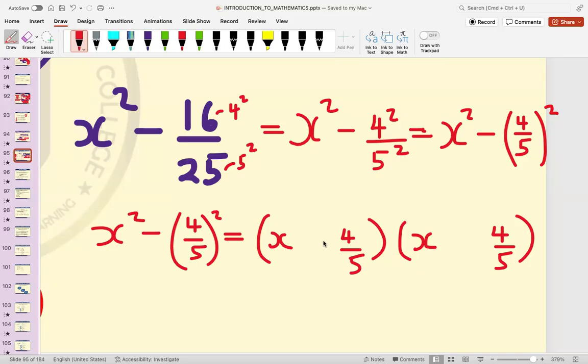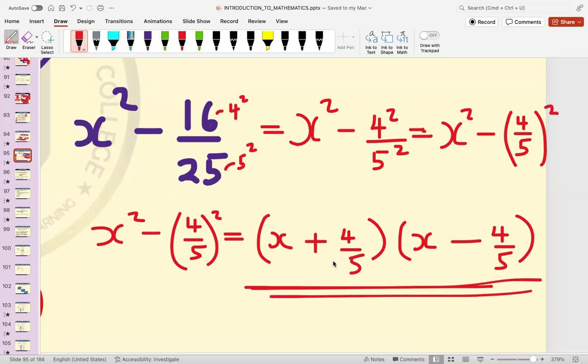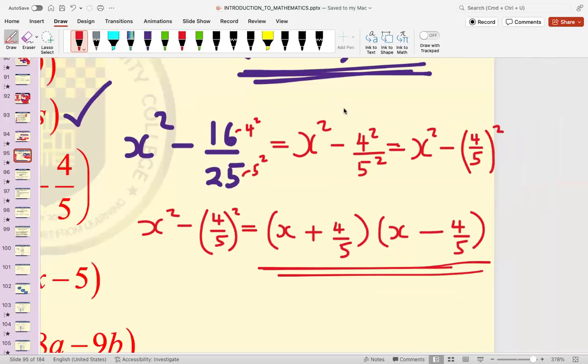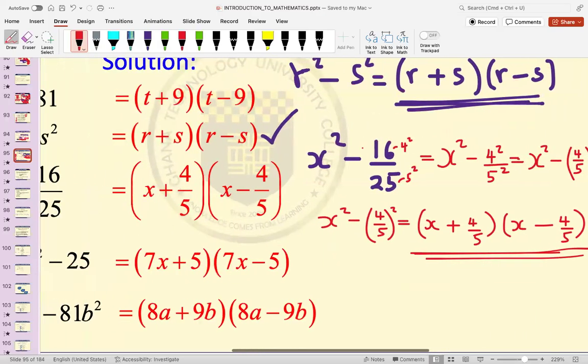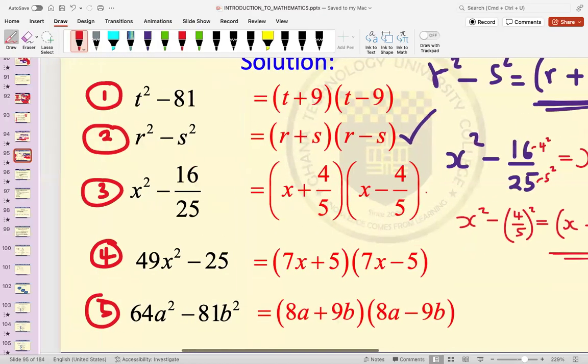When it crosses, it becomes plus. When 4 over 5 wants to go back, it will go back with minus. And this becomes your final answer: x plus 4 over 5, one factor, and then the second factor, x minus 4 over 5. And that's the meaning of the answer you are seeing here as the third one. So let's look at the fourth one too.